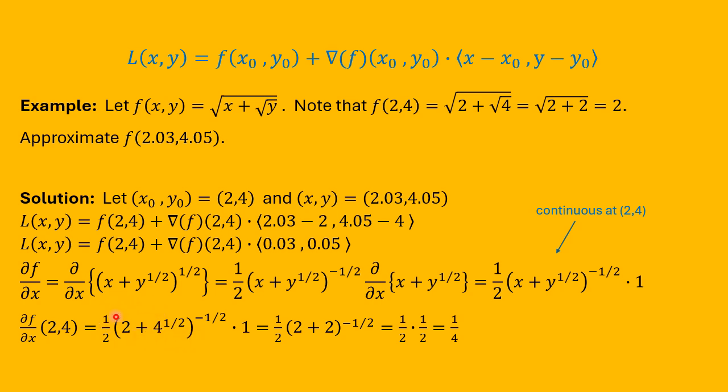So we have 1/2, (2 plus 2) raised to the minus 1/2 times 1, which is what we have right here. Now, 2 plus 2 is 4. 4 to the minus 1/2 power is 1 over the square root of 4, which is 1/2. So this stuff right here is 1/2 times another half, which equals 1/4.